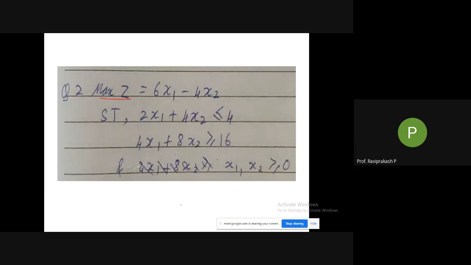Second constraint, 4x1 plus 8x2 greater than or equal to 16. And the last one, that is the non-negative condition, x1 comma x2 greater than or equal to 0.